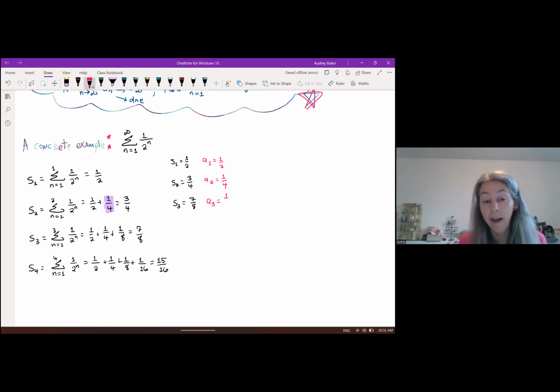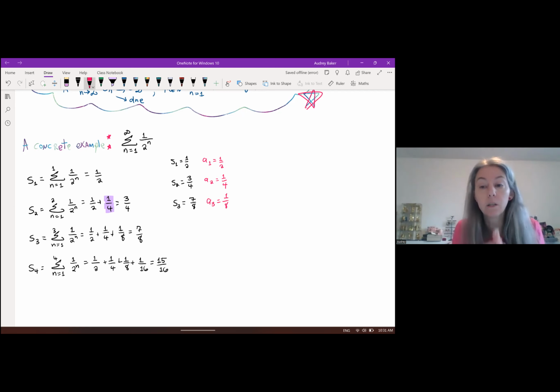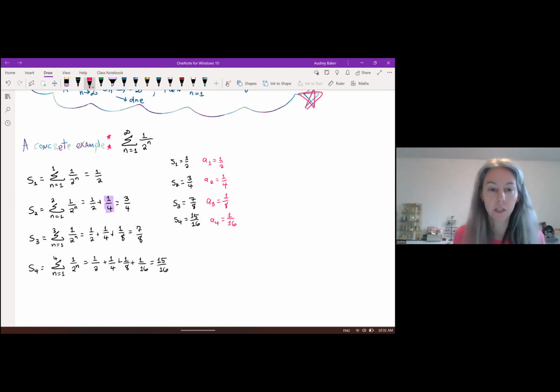So notice that my S sub 3 and my A sub 3 are different things. My S sub 3 is the sum of the first three elements. My A sub 3 is just the third element. My S sub 4 is the sum of the first four elements, so that's 15 over 16. My A sub 4 is just the fourth element, so that's just 1 over 16.